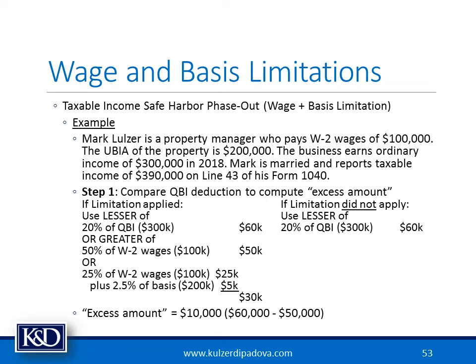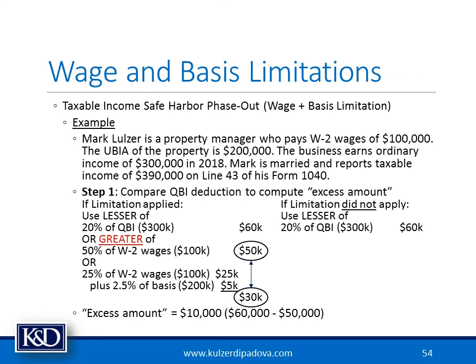So the first thing you do is figure out what the excess amount is. The excess amount is how much better off you would be if the limitations didn't apply. So first, compute your 20% of QBI. That would be your deduction if the limitations didn't apply. In this case, the QBI was $300,000, so 20% is $60,000.